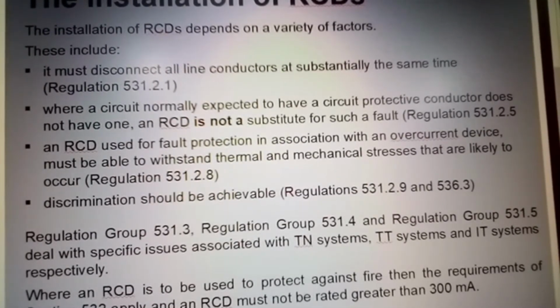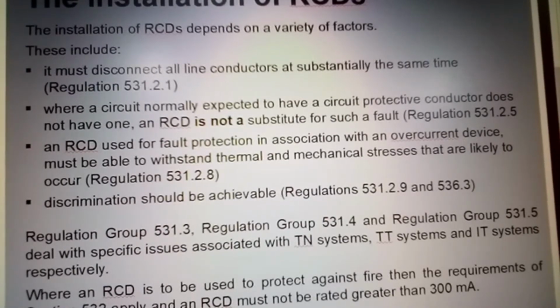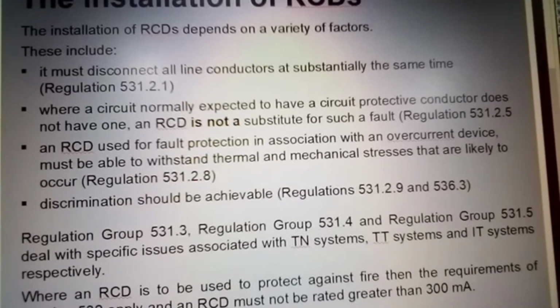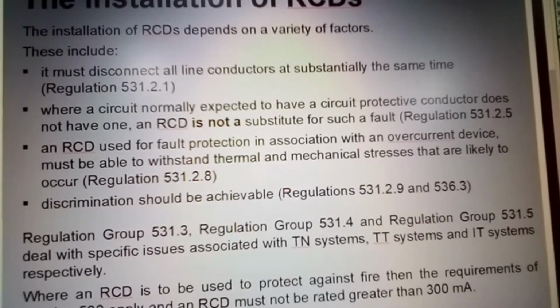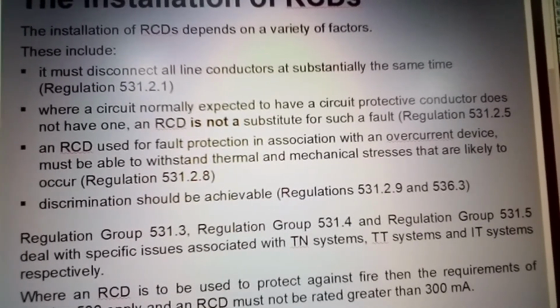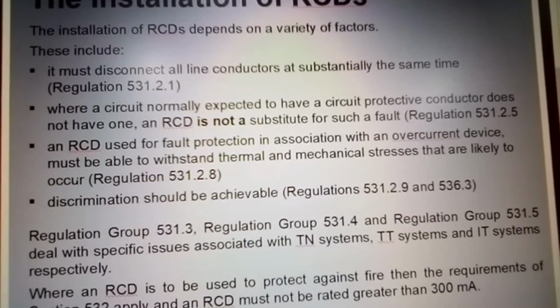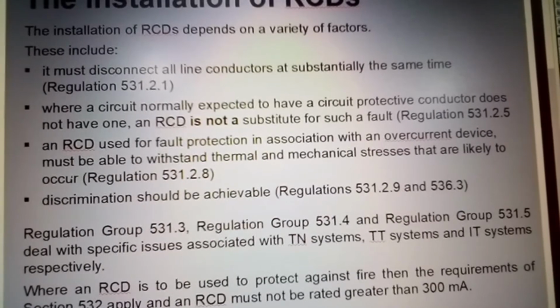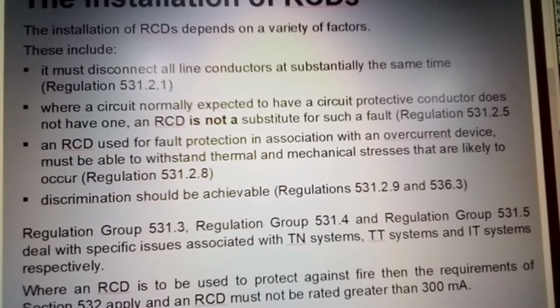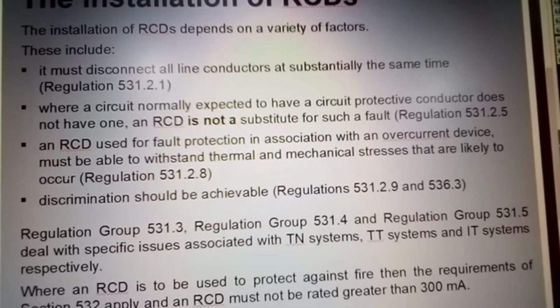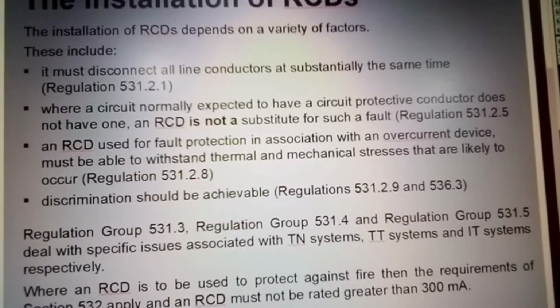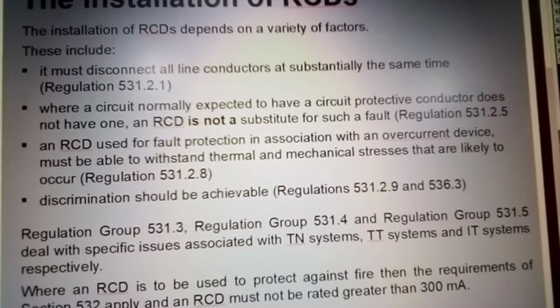And again, you can see the regulation there for yourself. An RCD used for fault protection in association with an overcurrent device must be able to withstand thermal and mechanical stresses that are likely to occur. Discrimination should be achievable. And again, it tells you which regulation to look at.